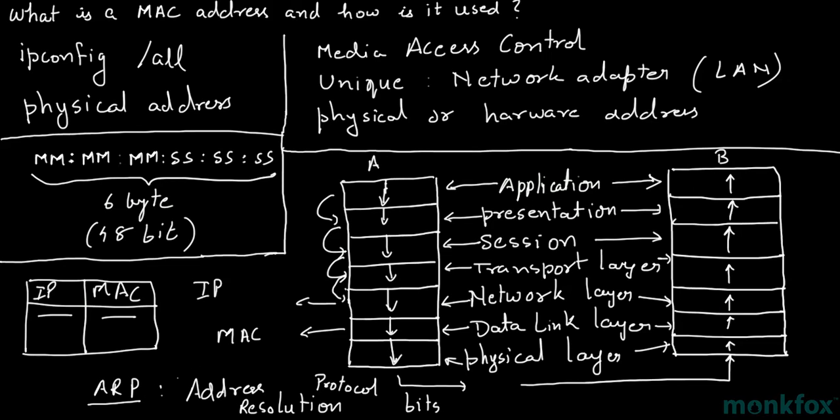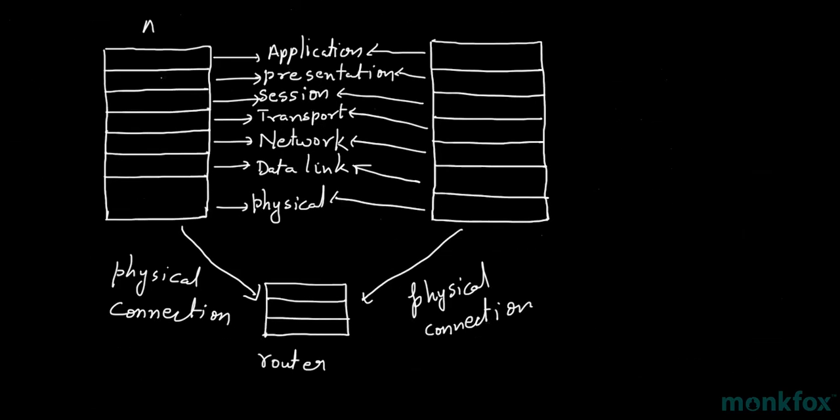Now let us see how communication works over a LAN when all the systems are connected through a router. Here again, we have drawn two machines, A and B, and all the 7 layers in both machines. Both machines are connected through a router.